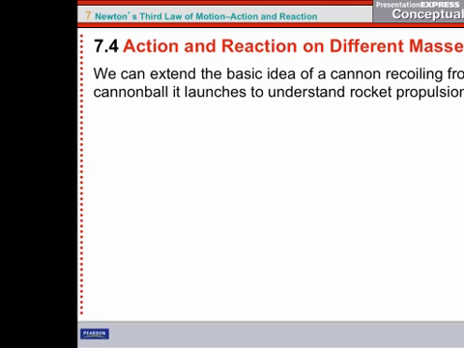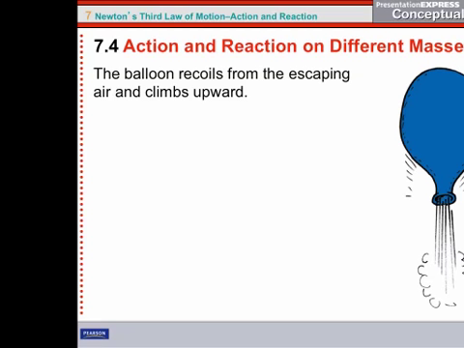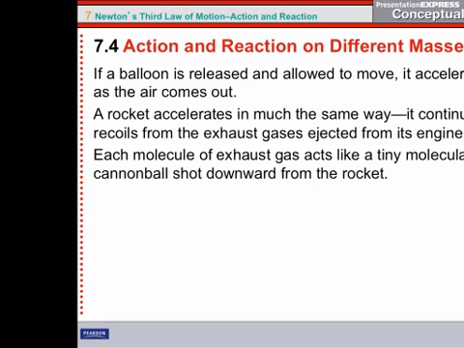And we can extend this same thing on to rocket propulsion. Same idea. Let's talk about it. Start with a balloon. A balloon has air escaping from it, and the balloon moves upward. If you release the balloon, the air comes out. Those air molecules are like little cannonballs being shot away from the balloon.